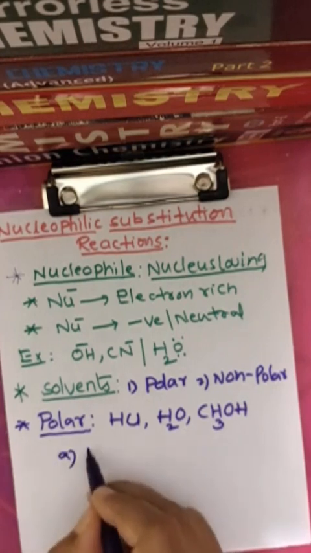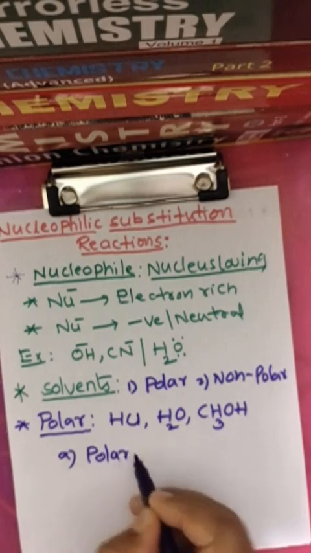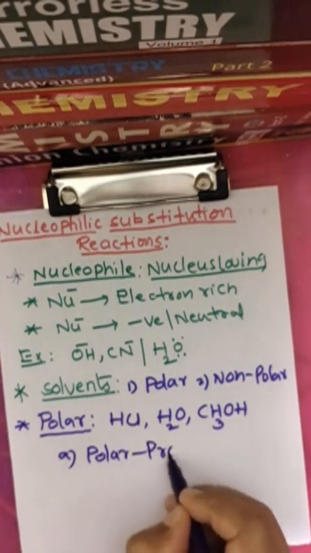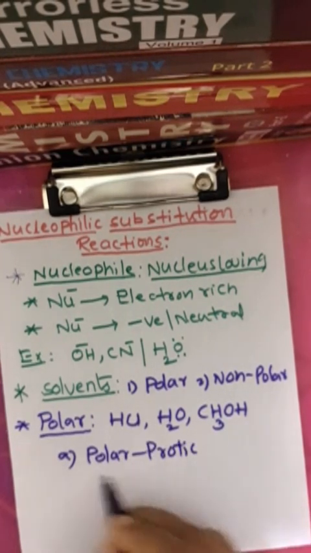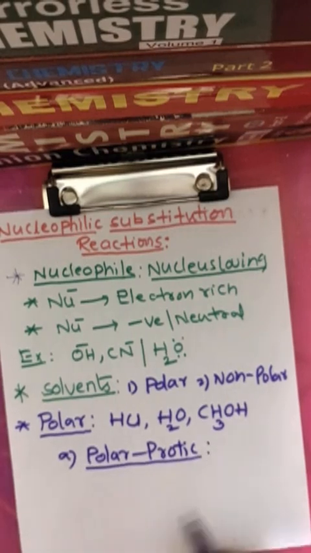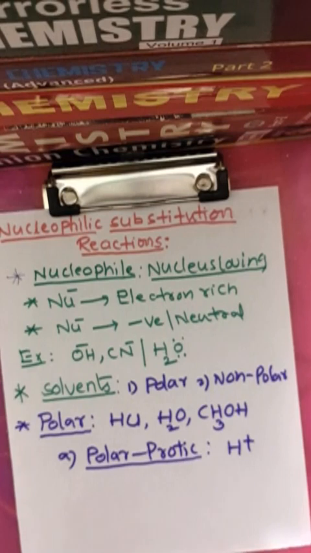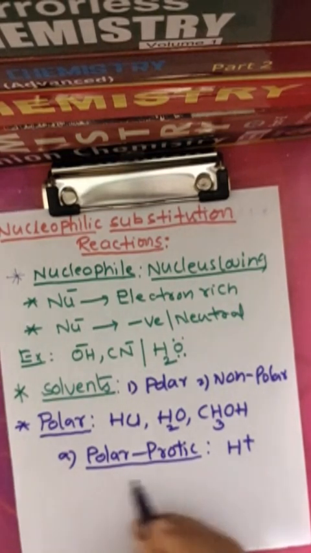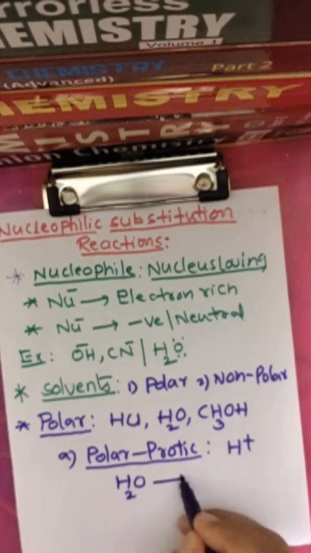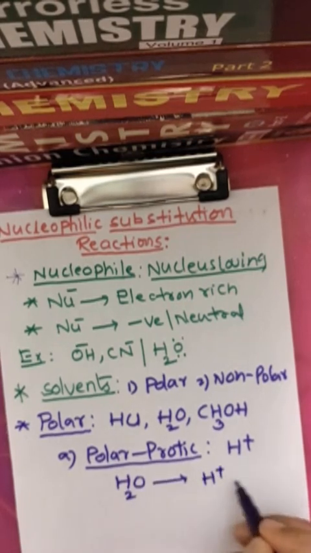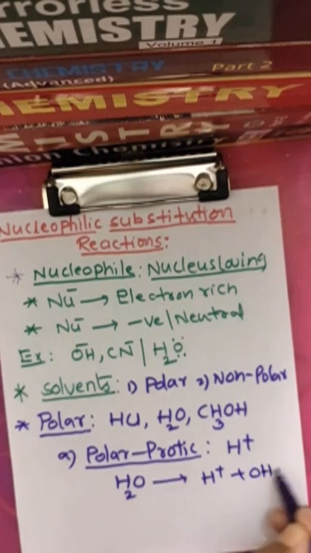One is polar protic solvent. Polar protic is nothing but one which can donate H plus. Take water, which can release H plus and OH minus, so it is donating H plus.